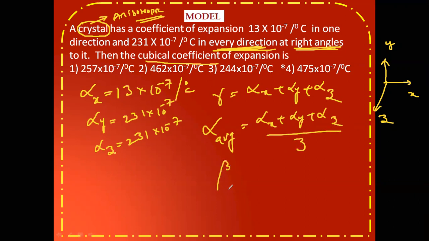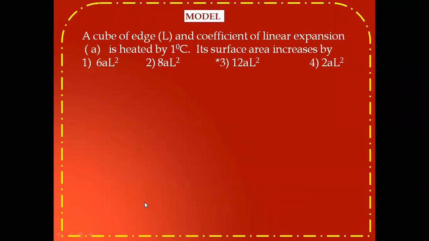Sometimes they will ask the gamma value, and you can take it as gamma by 3. It is also a simple problem. 100% every model should be there in the weekend. I can't say the same numerical, but 100% the same model should be there, whoever the paper setter may be.